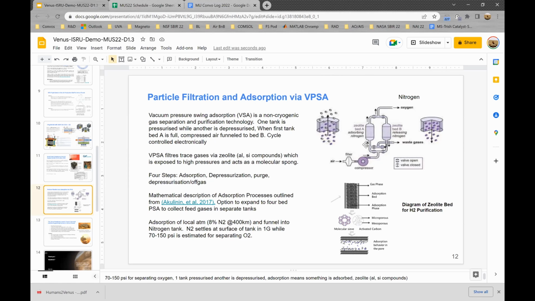And so, with a similar compressor, we could filter out the carbon dioxide and pass it to the fuel cell, and then we can adsorb the nitrogen or pass it through, or release the nitrogen after the adsorption in the bed and then exhaust it as a waste gas. So there are a lot of systems and designs, with 4 steps being adsorption, depressurization, purge, and off-gassing.